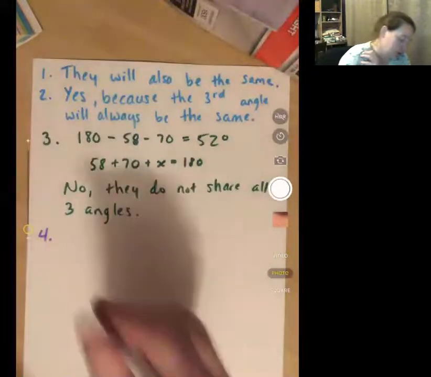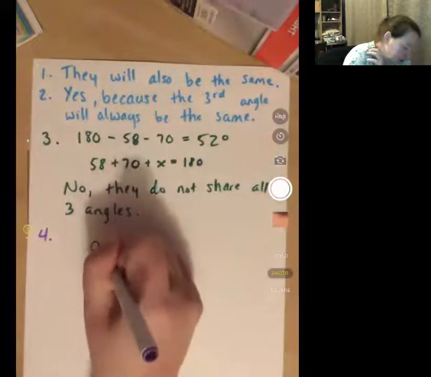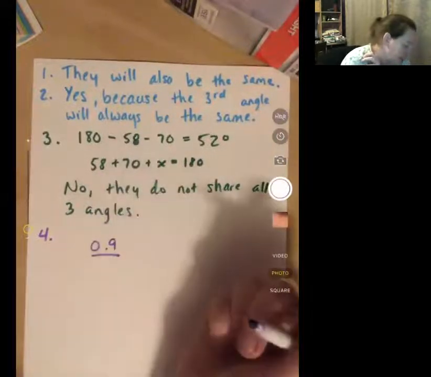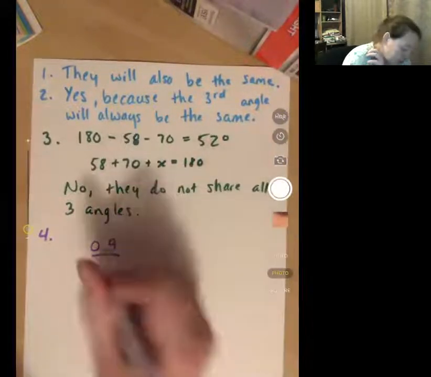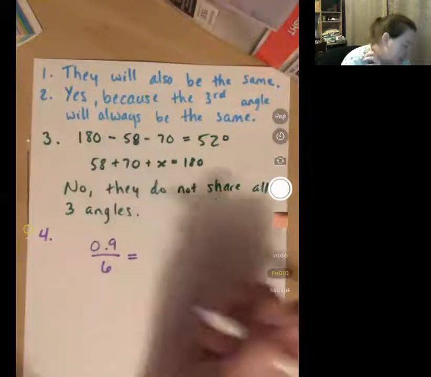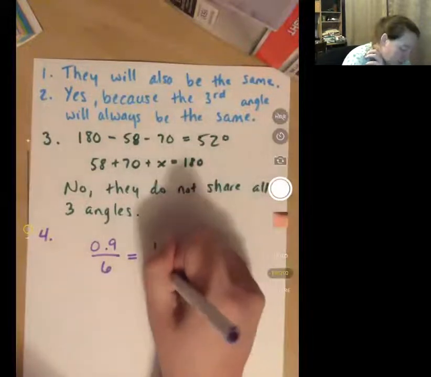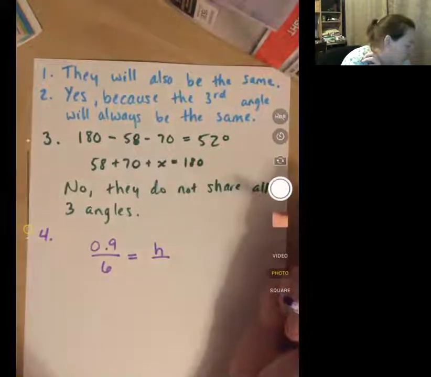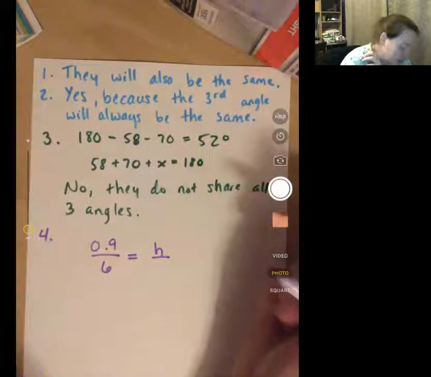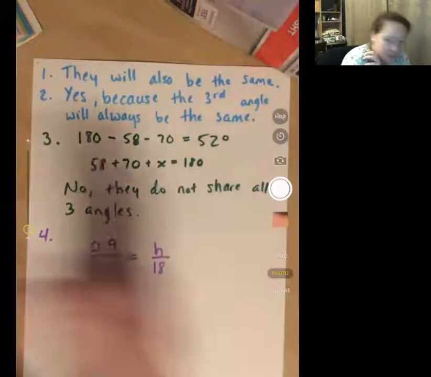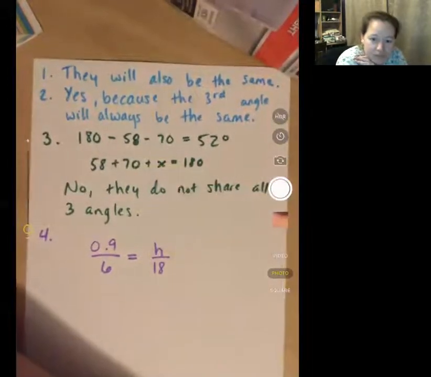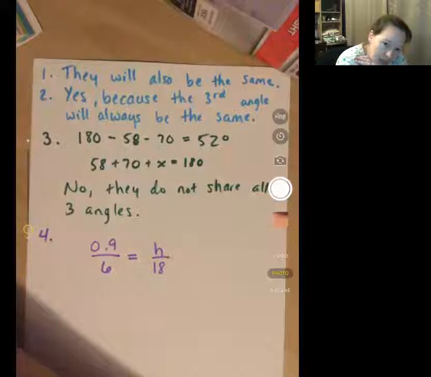Okay, so it wants us to show that 0.9 over 6 is equal to h over the distance between A and D, which is 18. Now, I am going to show you the book's way of doing it.